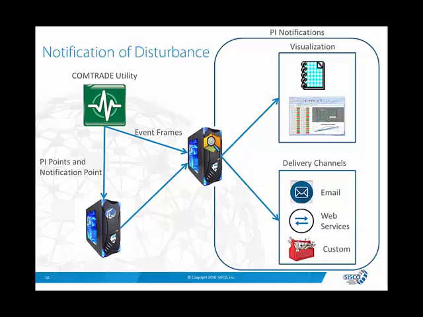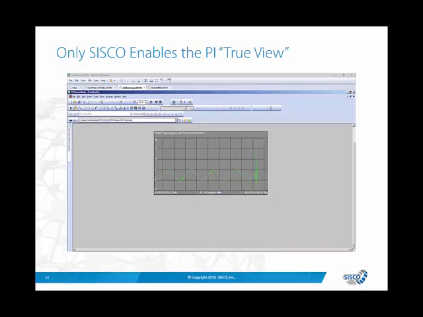When you trigger a PI notification, the information can be delivered via email, web services, or what are called custom delivery channels. The event frame can then be used additionally to display the data in PI ProcessBook or PI Coresight or other visualization mechanisms. The one true view is shown here where the SCADA data is integrated with the disturbance data.